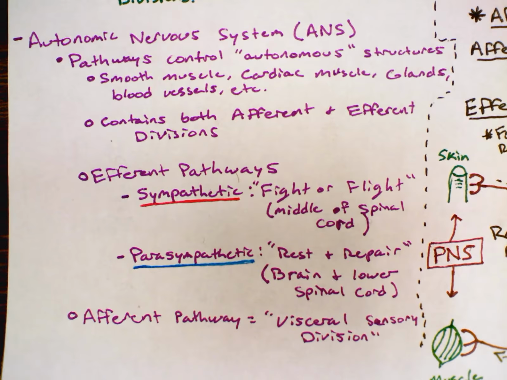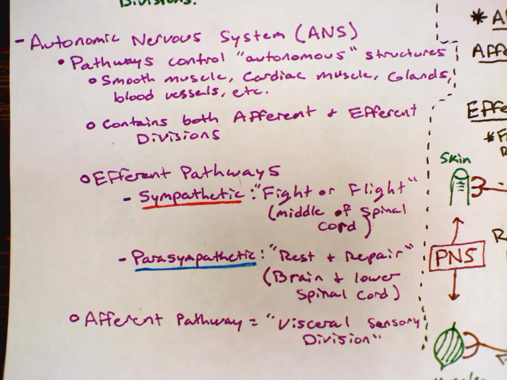Okay, so then there's also the autonomic nervous system, also called ANS, and these are pathways that are controlling the autonomous structures in your body. And I put autonomous in quotes because you can affect your autonomic nervous system through your thoughts and your actions, but indirectly.